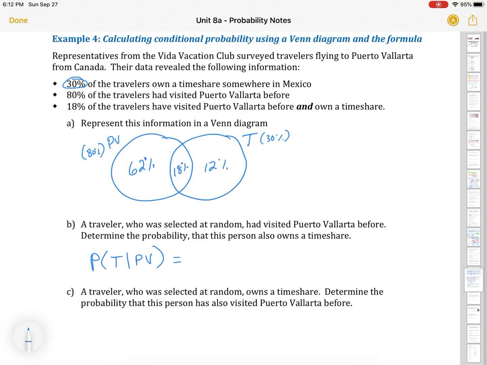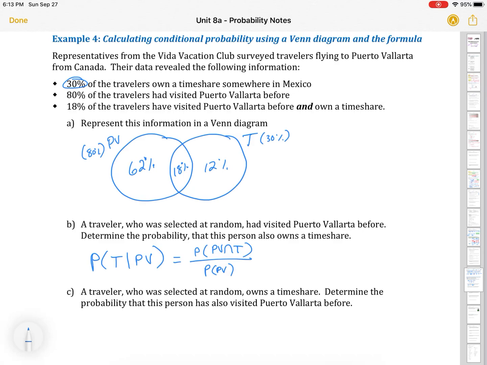If we look at our formula, we're going to take the probability of A and B. I better write the actual terms we're using: P of PV and T divided by the probability of PV. Sorry, I want to make sure I get it right because it's kind of different when we switch names up. Okay, so we're using that formula.